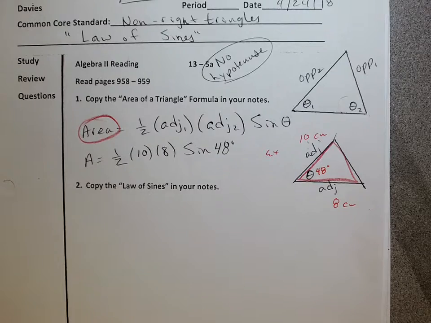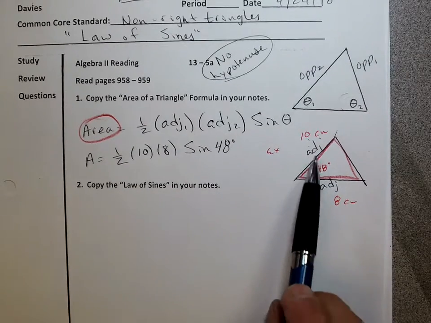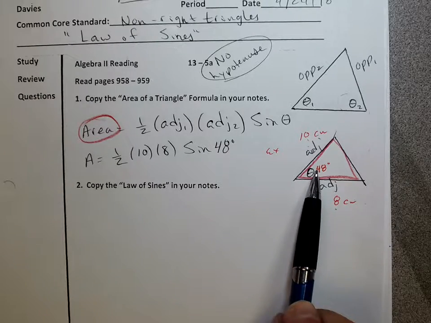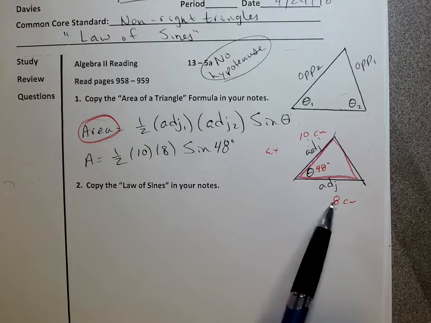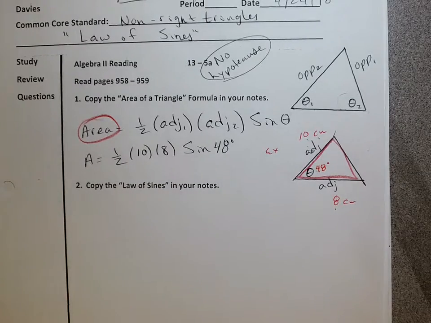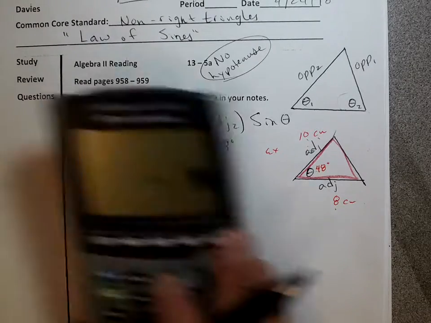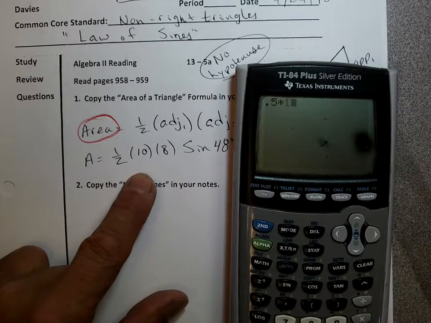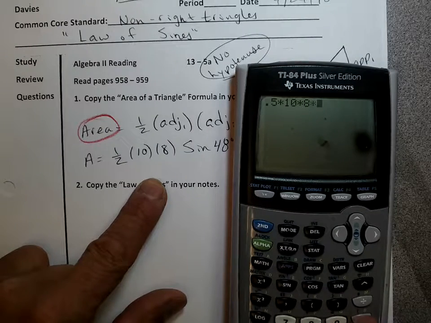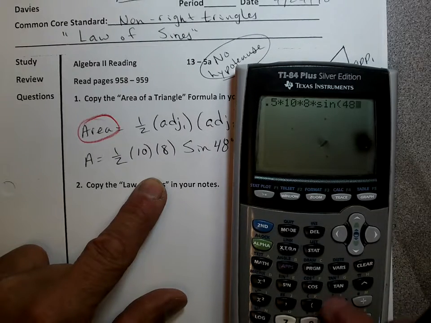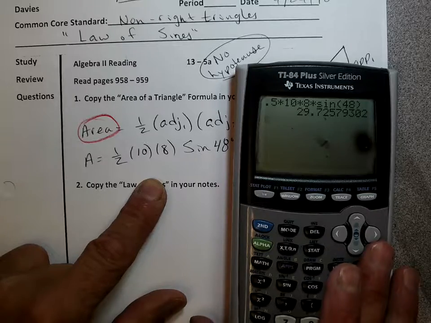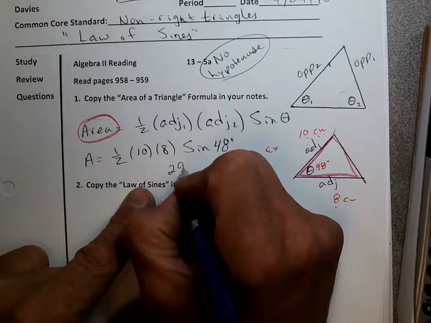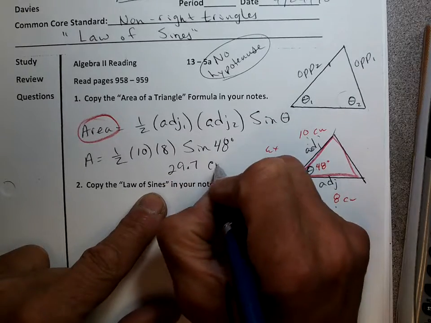The formula says 1/2 adjacent, that's 10, times adjacent, that's 8, times the sine of the angle. It doesn't matter if the 10 or 8 are switched around because they're both adjacents. I use my calculator and get an answer of 29.7 centimeters squared.